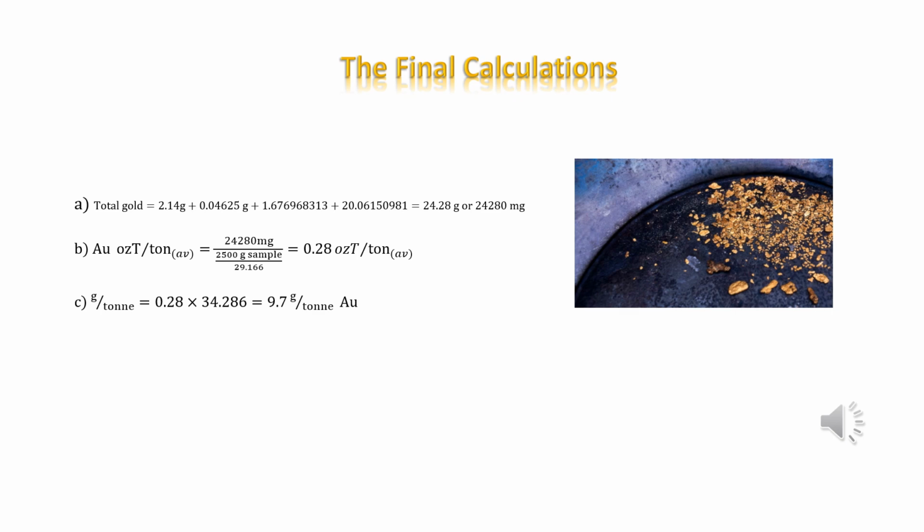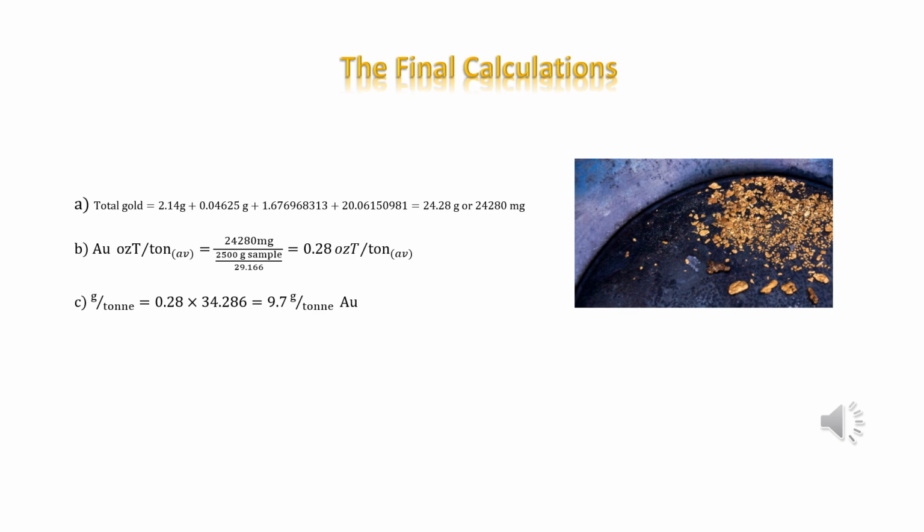In this case, it's the 2,500 grams that you started with, divided by the magic number, 29.166, and you eventually end up with a troy ounce per ton. That works out to 0.28 ounces, troy ounces that is, per 2,000 pounds. That's not a lot.